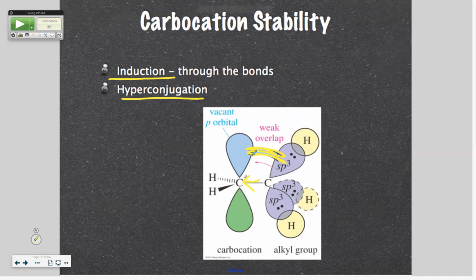If you have more groups, you're doing it 3 times, 2 times, or just 1 time, or no times, okay? So it's the same thing. Hyperconjugation is the through space, sideways. Induction is through the bonds. Hyperconjugation, induction.